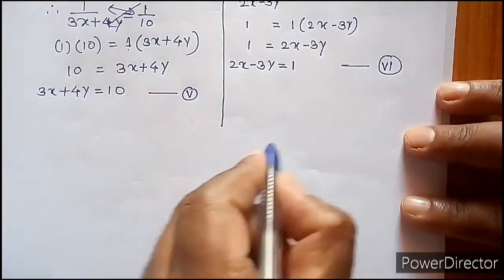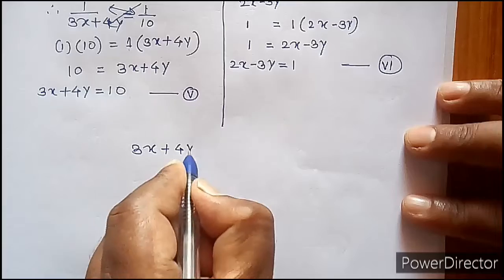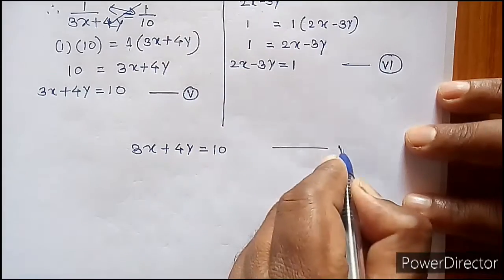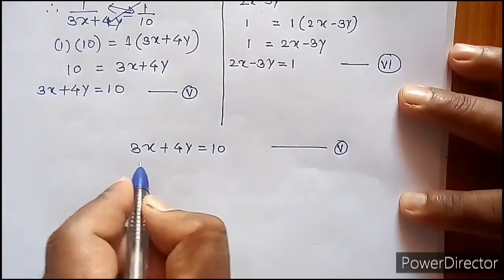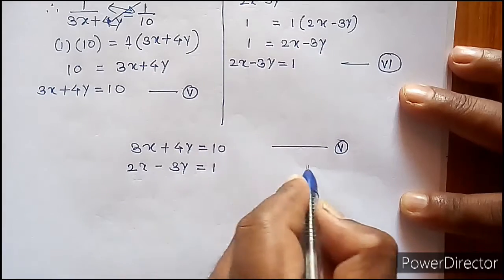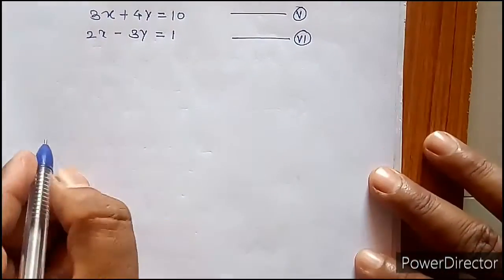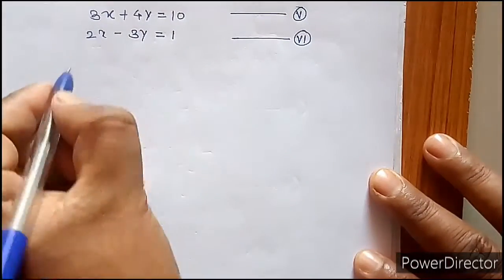Now we get two equations: 3x+4y equals 10, this is equation number 5, and 2x-3y equals 1, that is equation number 6. Now on solving these two equations, what we have to do?